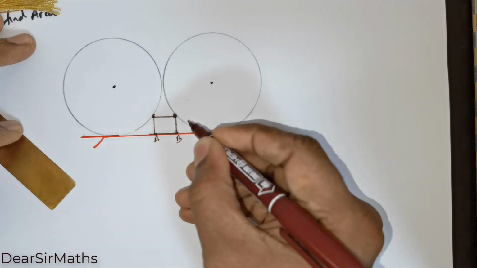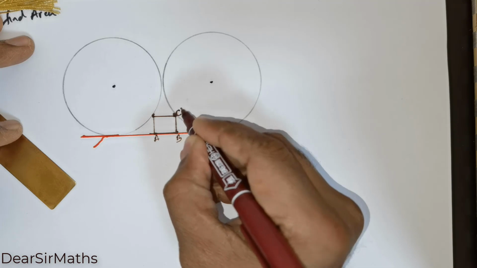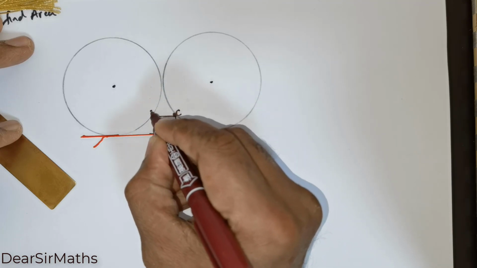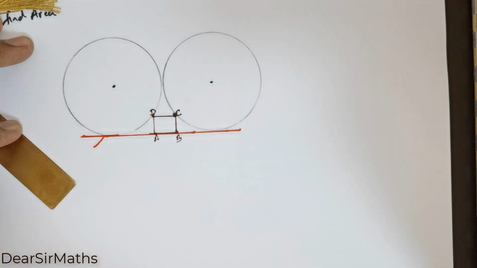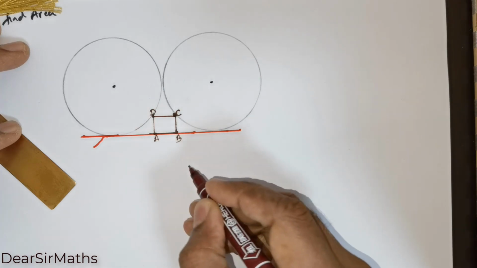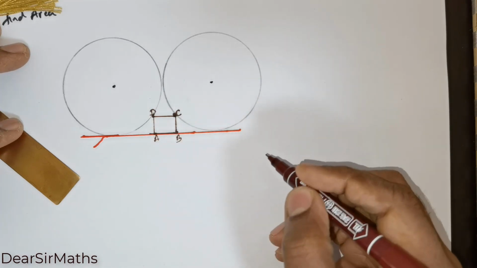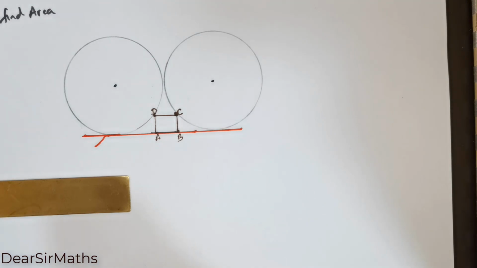So A, B, C, D is a square. Now we are expected to find the area of the square.